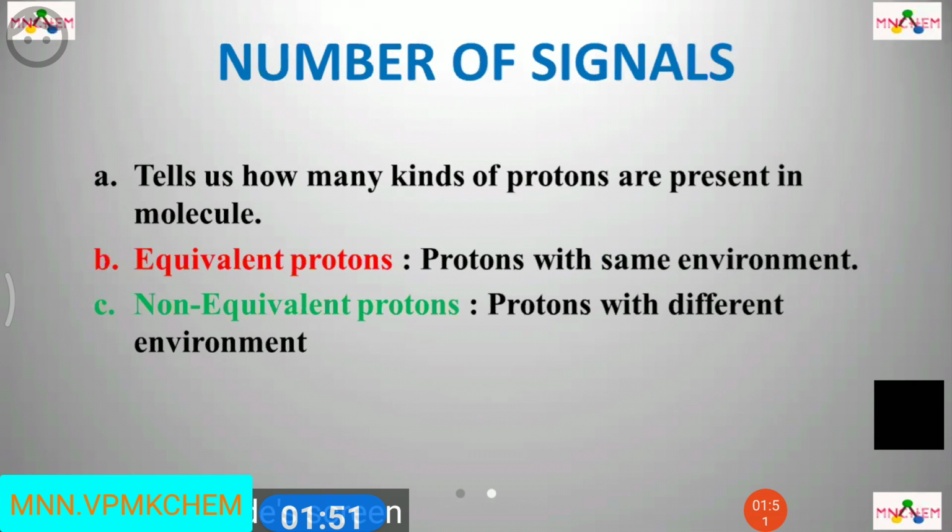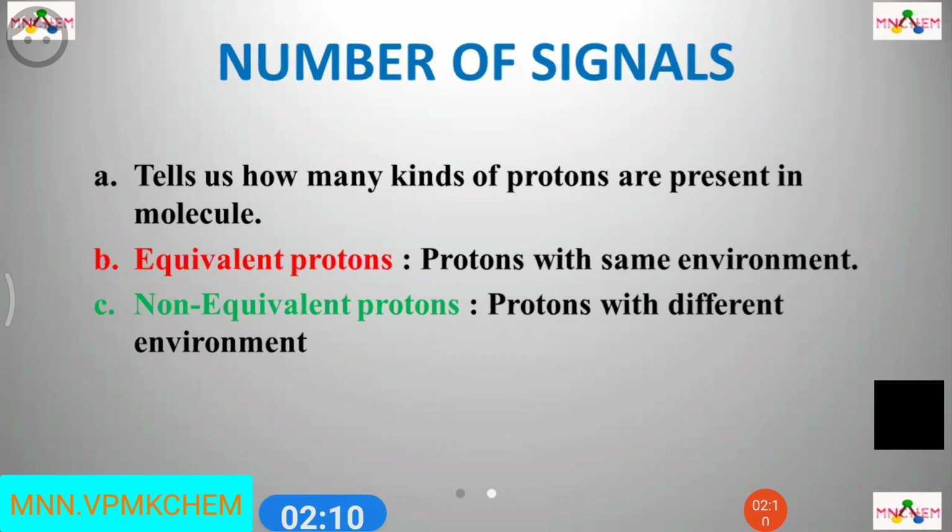So here we have discussed the example of benzene. All the 6 protons of benzene are equivalent. So we observe only one peak in the NMR spectra of benzene, or particularly say the PMR spectra of benzene, for all the 6 protons.